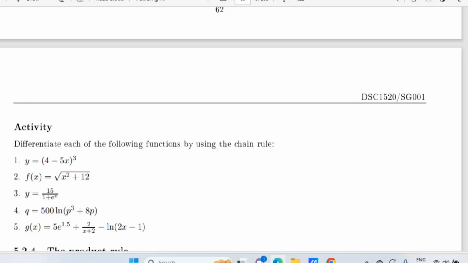The 2 sisters, please help me out here. Let's start with the first term, the final answer. What is your final answer for the first term? The first term you're referring to is 5e to the power 1.5? That's a constant. It will be 0.